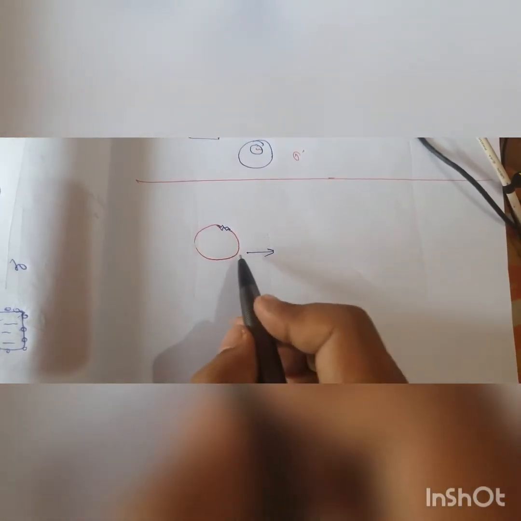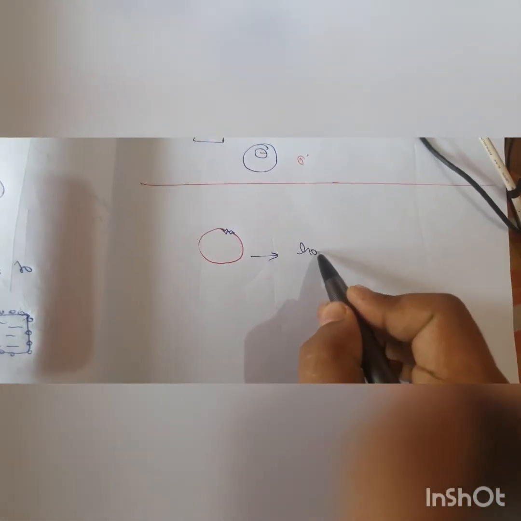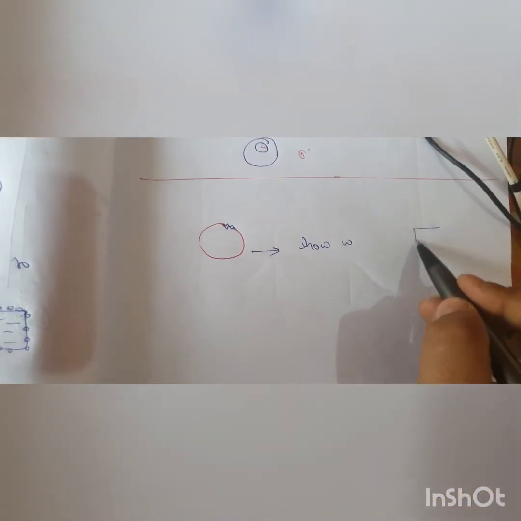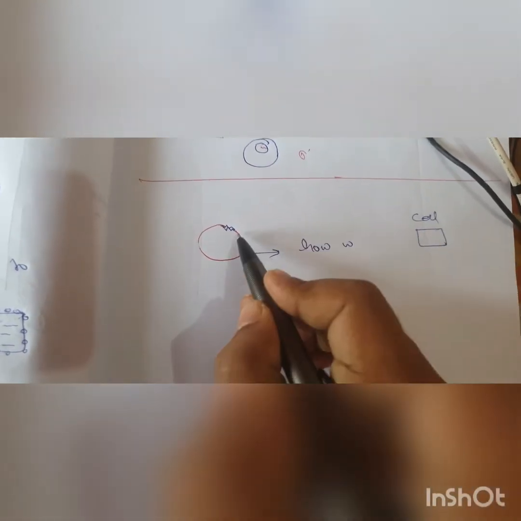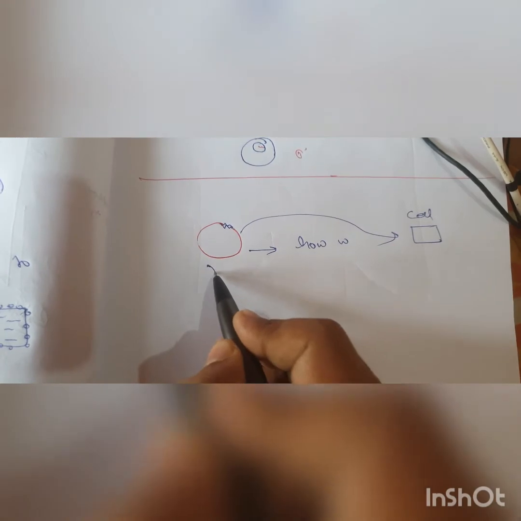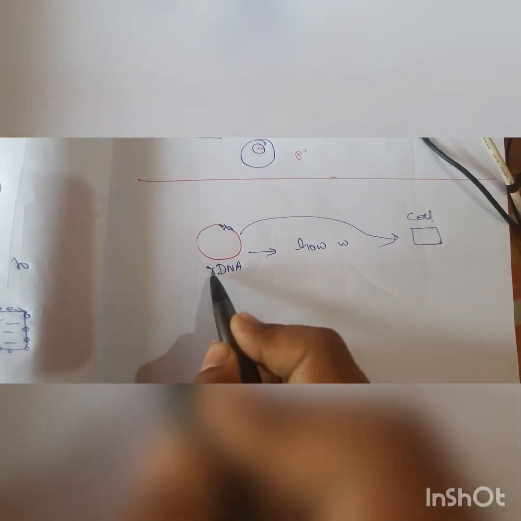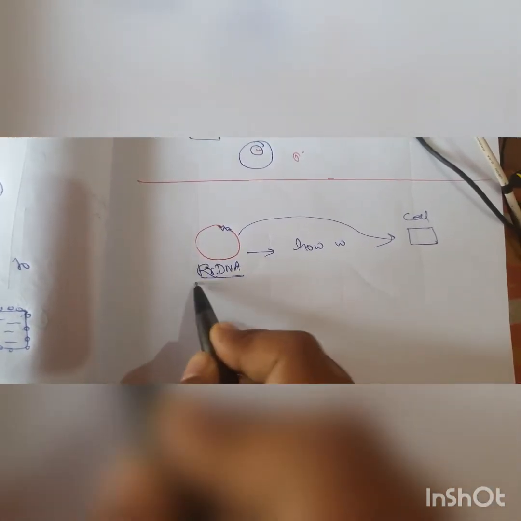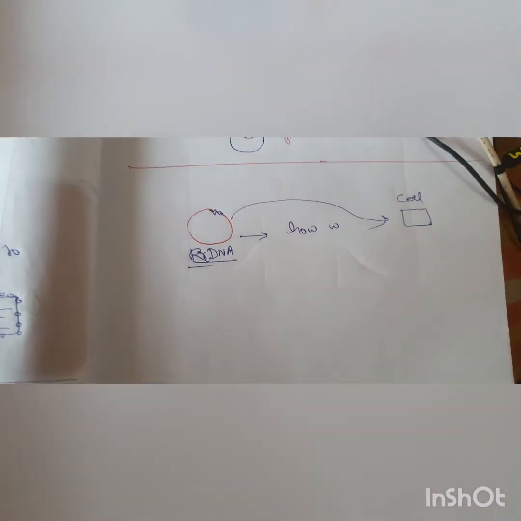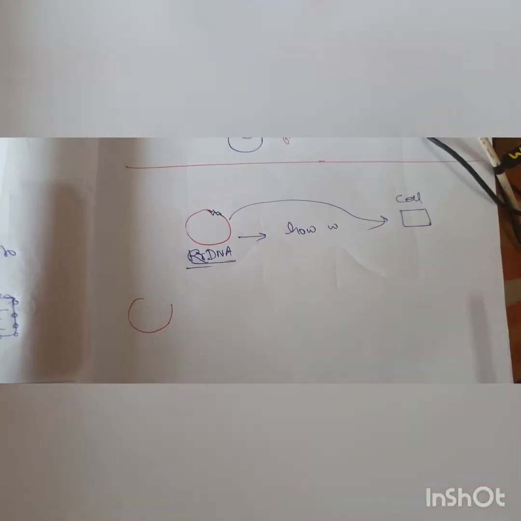So generally how do we make the cells competent? Suppose there is a cell in which I want this plasmid DNA, the recombinant DNA, to enter.